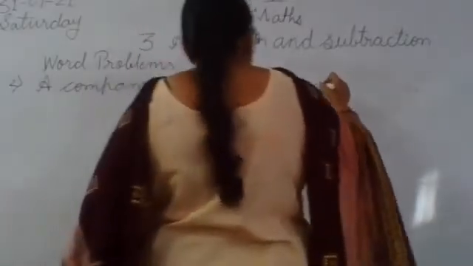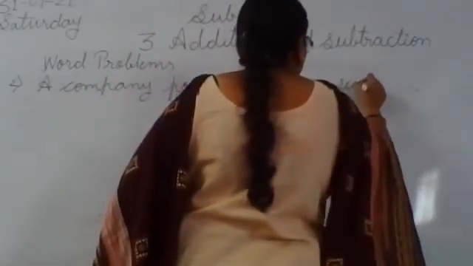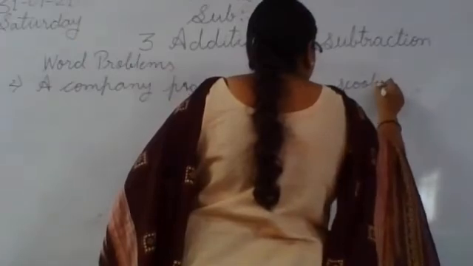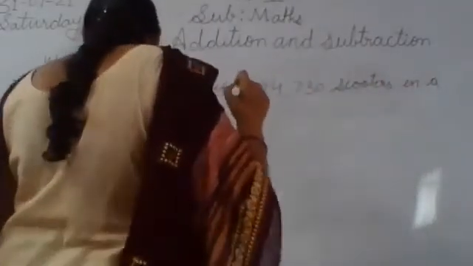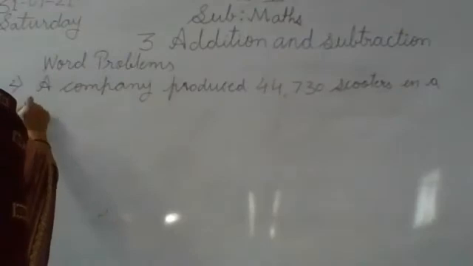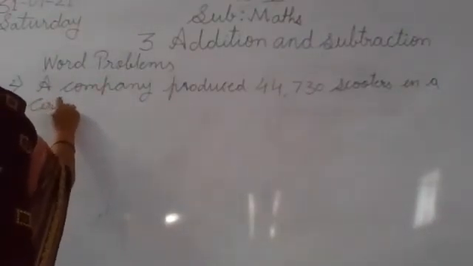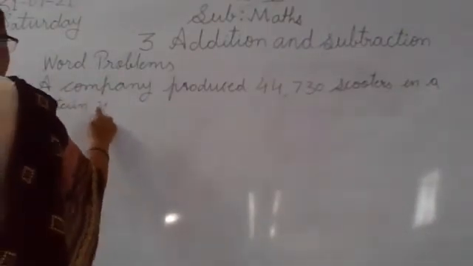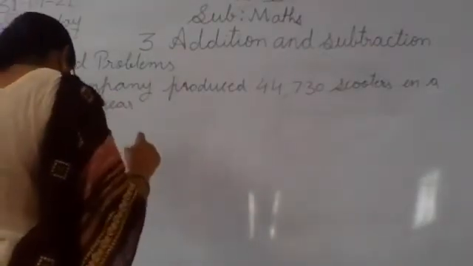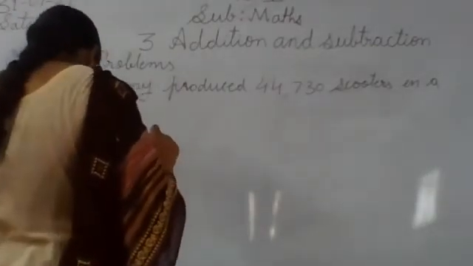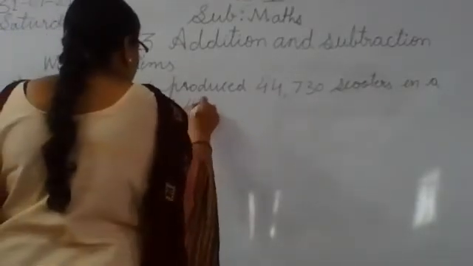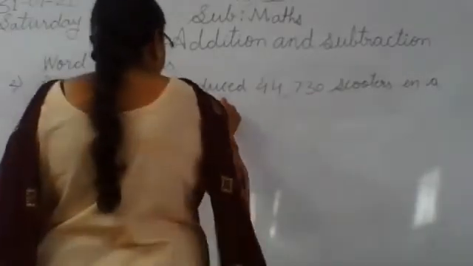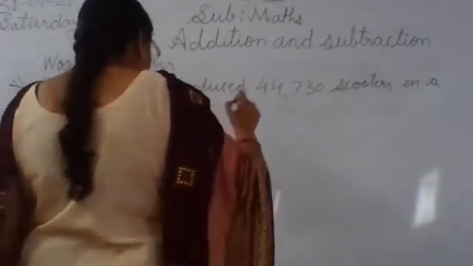So a company produced 44,730 scooters in a certain year and 43,150 in the next year.